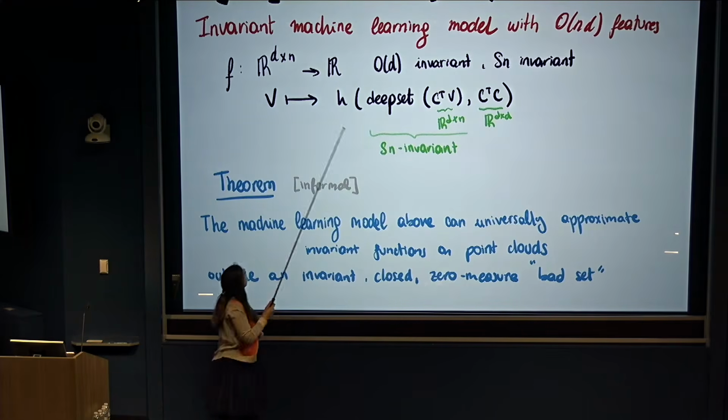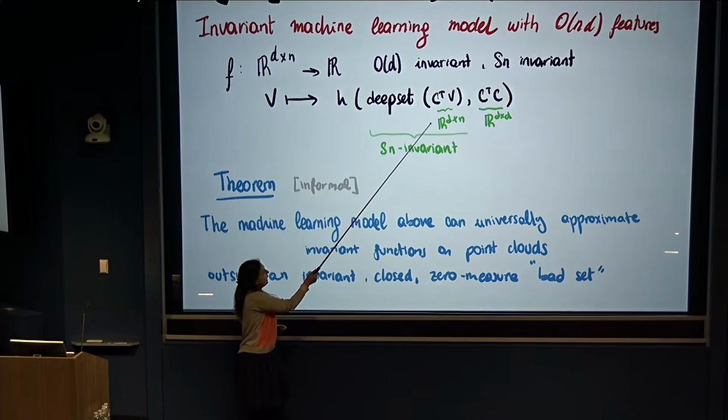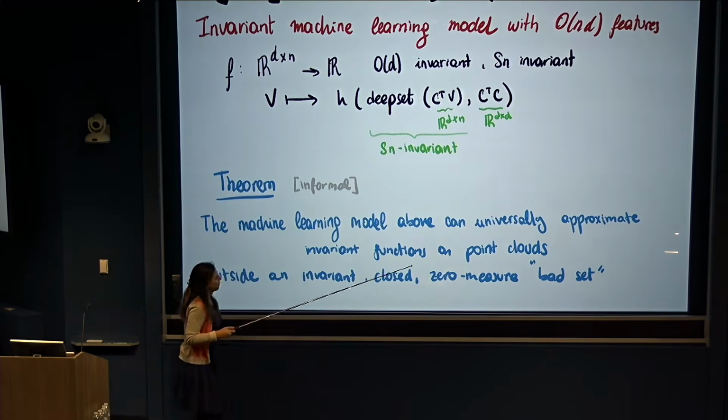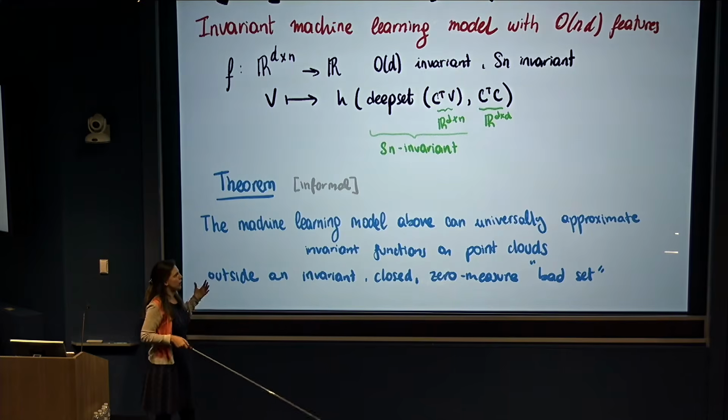And this machine learning model depends on n times D features and is invariant with respect to permutations and orthogonal transformations. And the same thing holds using the ideas from the Galois theory that we saw before, since this is equivalent to what you can express with this Galois theory formulation, because you can reconstruct the entire thing.